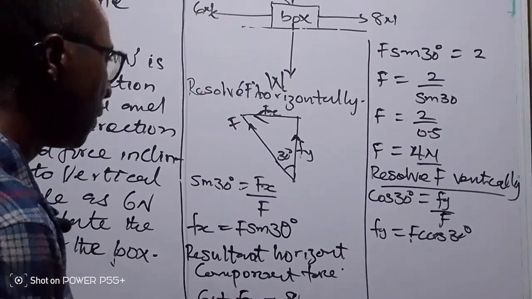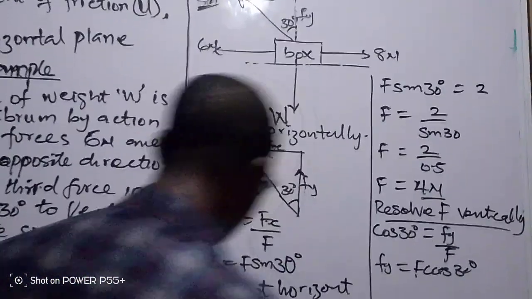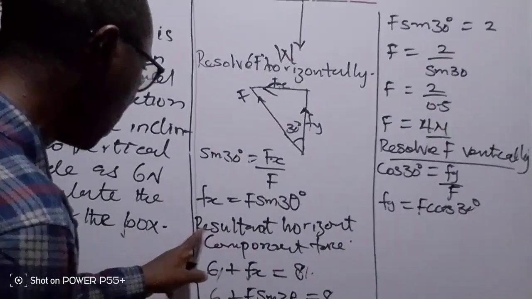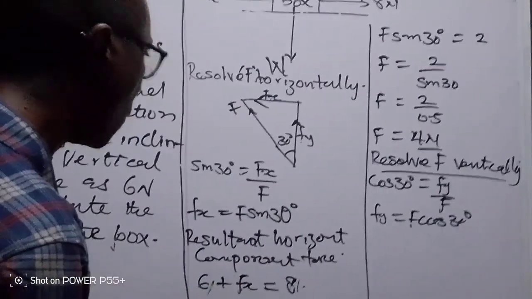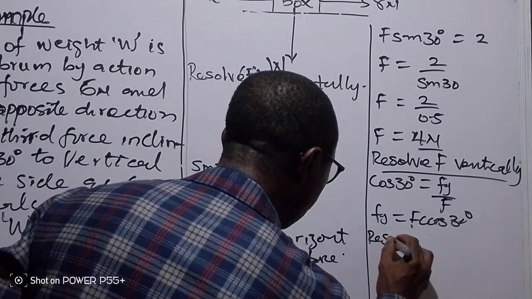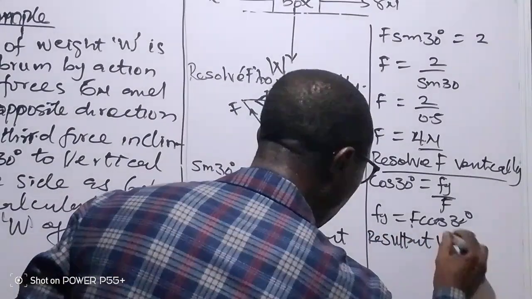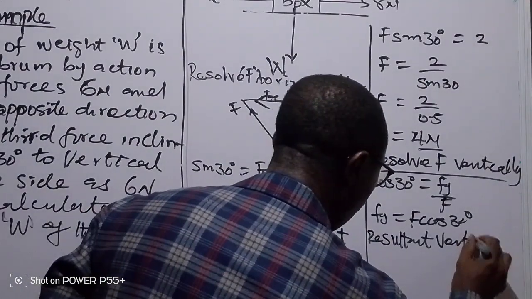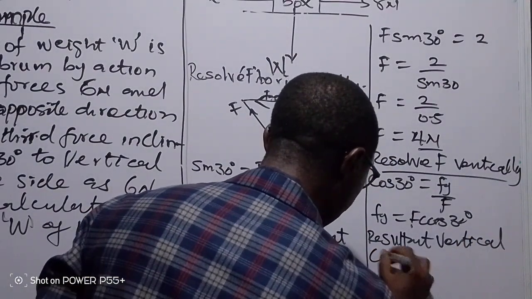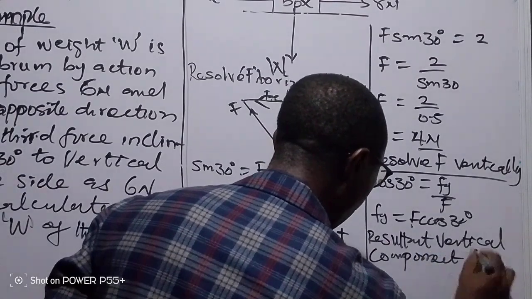Now, we can say the total vertical force, the resultant horizontal component force, was found, and the next thing now is to find the resultant vertical component force.